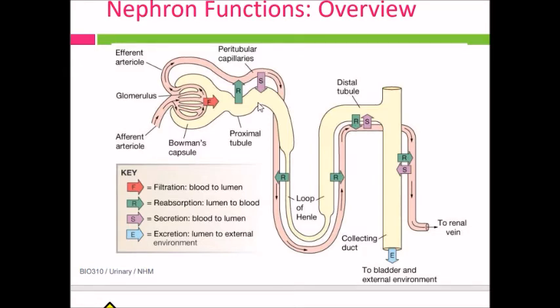So therefore, at the proximal and distal tubule and collecting ducts, two processes are involved, which are reabsorption and secretion. Meanwhile, the loop of Henle only involves the reabsorption process, and the excretion later will happen at the urethra, the urinary bladder, and the ureter.